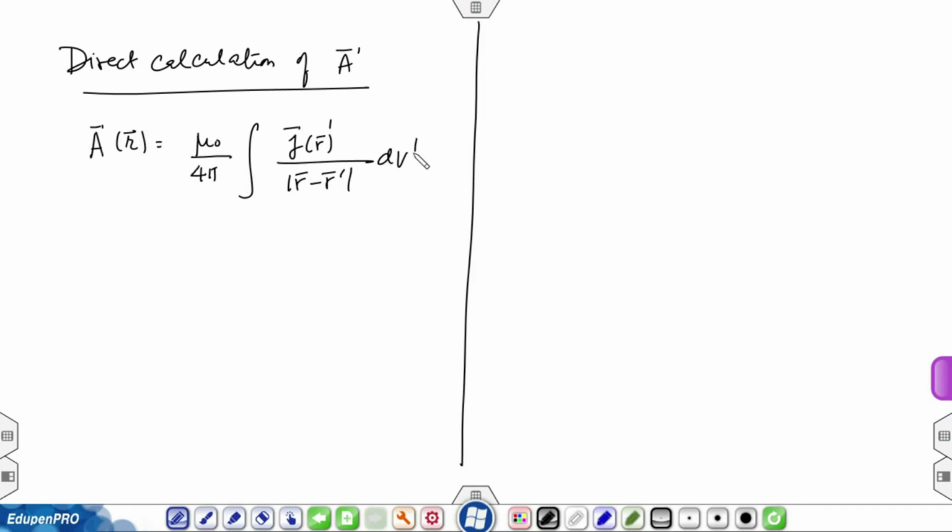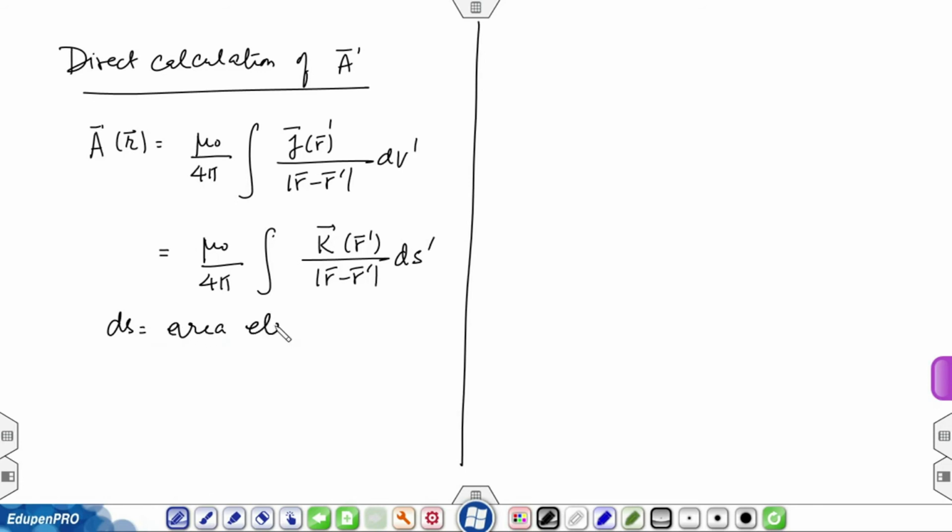Now, in this case it happens to be a surface current. So, I can write this as mu naught over 4 pi integration k in that plane over r minus r prime ds prime, where ds is the area element in the x y plane at x prime y prime.